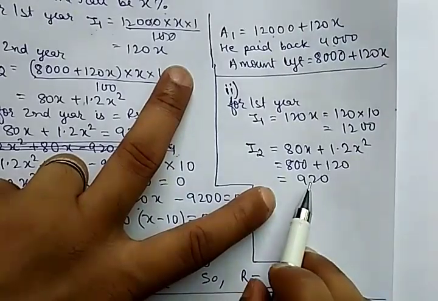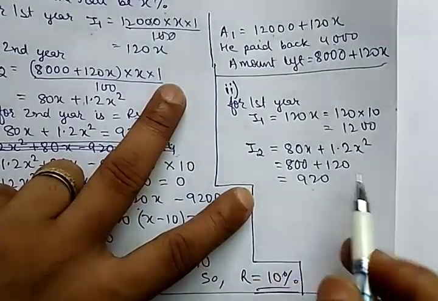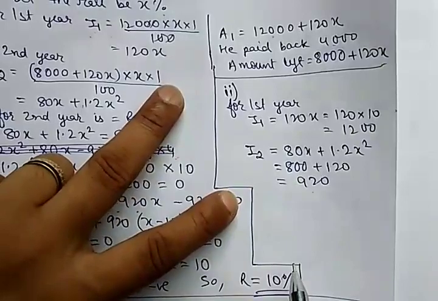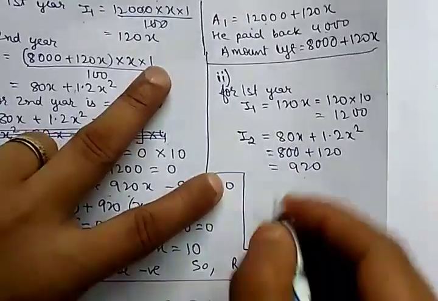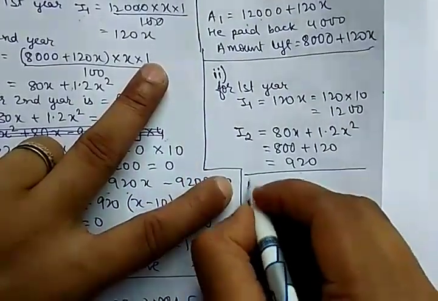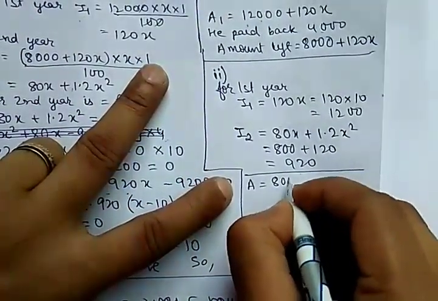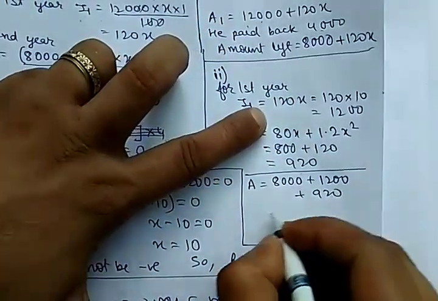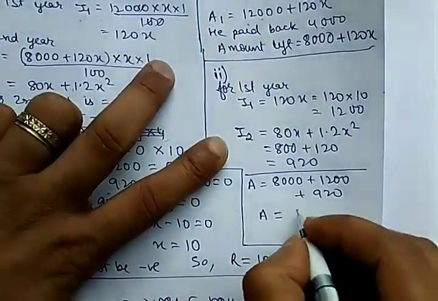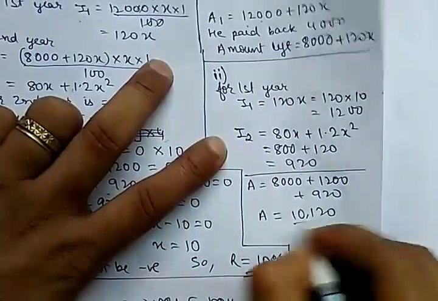So this will be the interest of the second year. So the amount that is left at the end of the second year, the total debt, is equal to 8000, that was the principal, plus the interest of the first year, plus the interest of the second year. So the total debt is equal to 10,120 rupees.